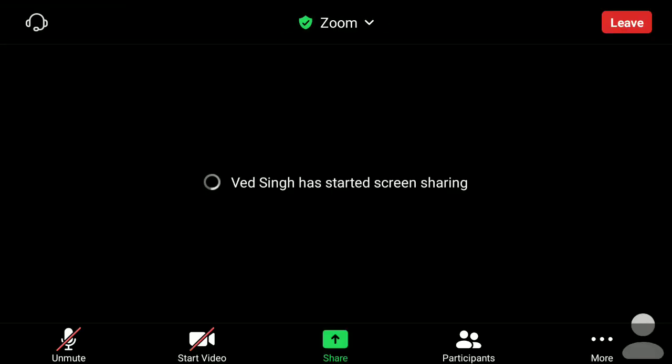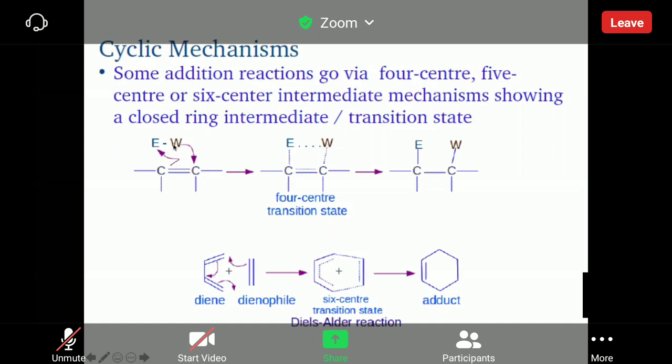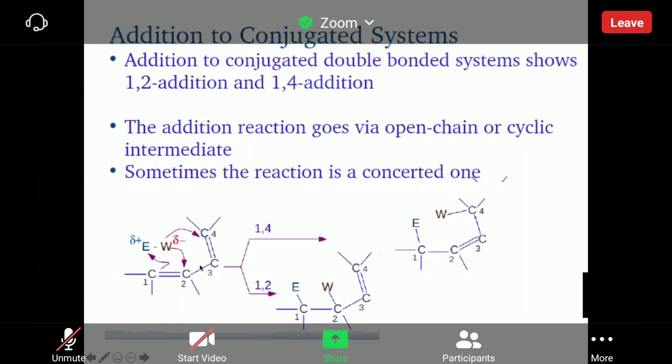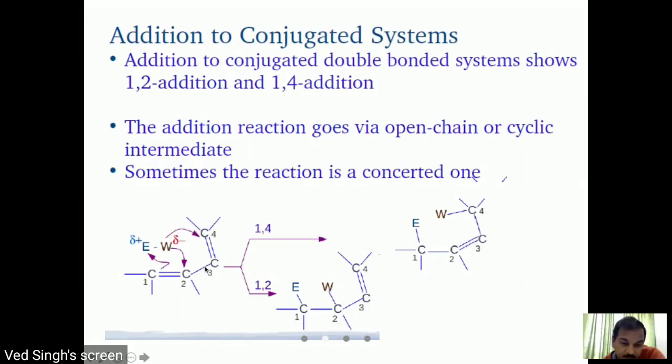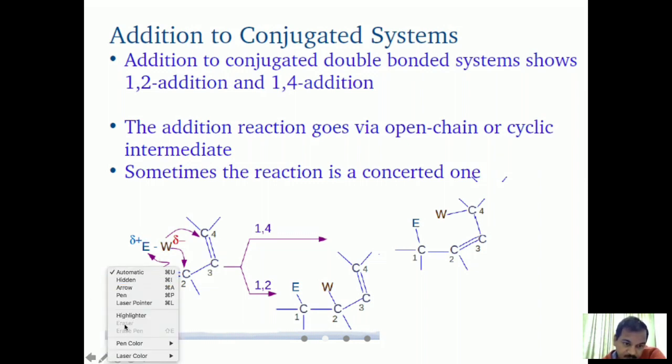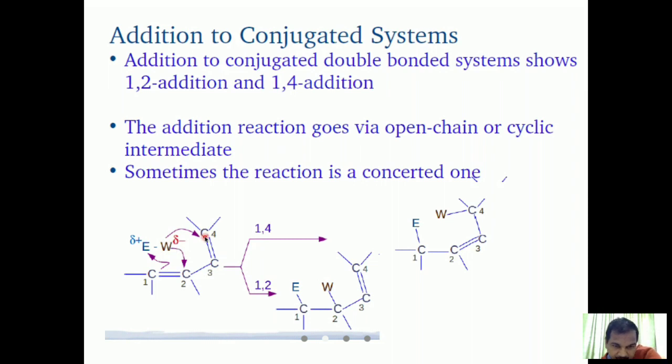Either both bind here, or one will bind here and one will bind here, and the double bond will be here. So this was a possibility. If this reacts here and this reacts here or here, two possibilities are there.